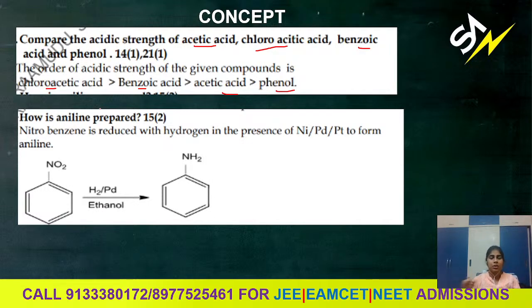This is because of the resonance structures present in that molecule, the strength will be increased. And next, a question from the amines chapter, that is how aniline is prepared. By reacting nitrobenzene with the reducing agent hydrogen in presence of ethanol. These oxygens will be reduced to hydrogen and it forms aniline.